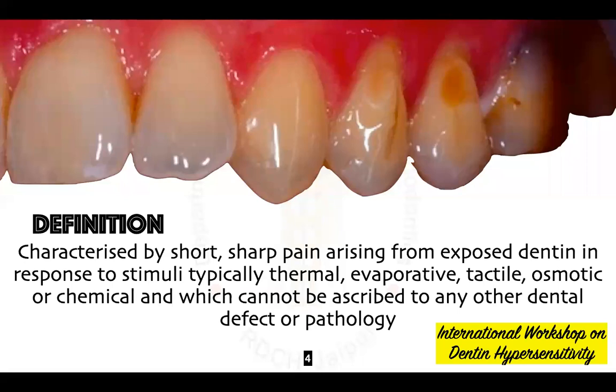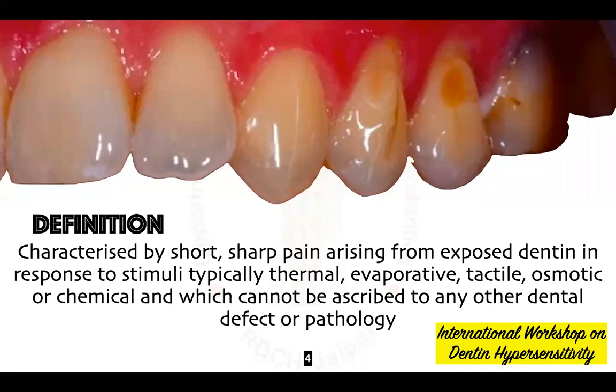Dentin hypersensitivity is characterized by short, sharp pain arising from exposed dentin in response to stimuli, typically, and this is very important, one is thermal, second is evaporative, third is tactile, fourth is osmotic or chemical, and which cannot be ascribed to any other dental defect or pathology.